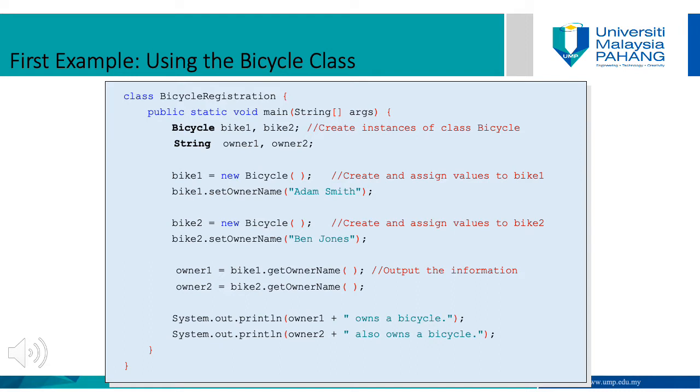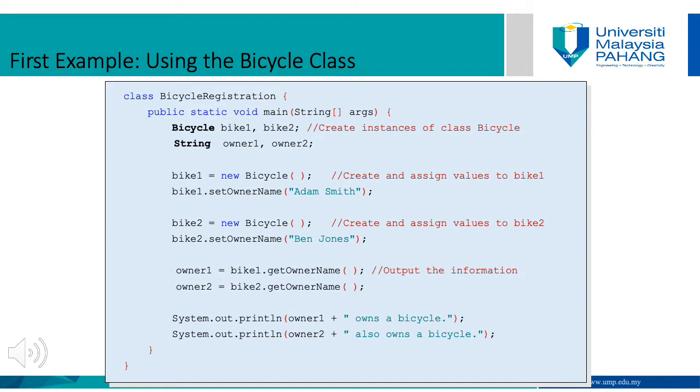The output of the information will be the bike with the owner's name on it. This code will print an output by calling the name of the bike owner here, owner1. Owner1 is bike1.getOwnerName, and we will print the output as Adam Smith owns a bicycle.